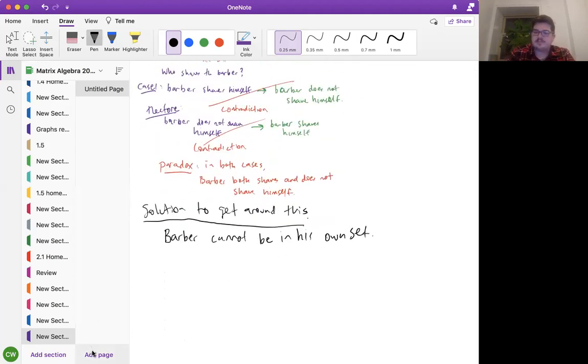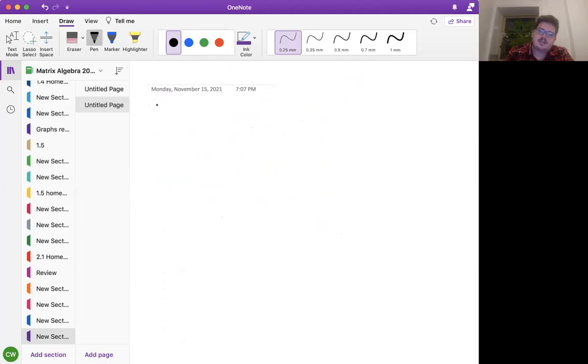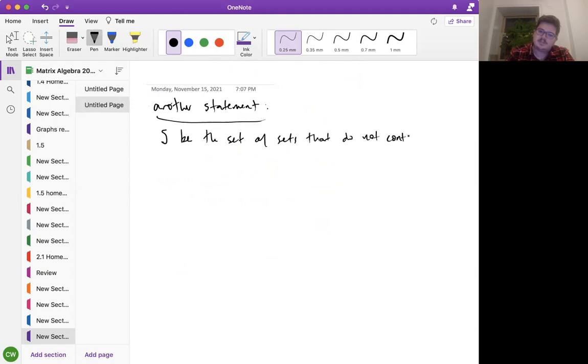So here is another statement of Russell's paradox, a less fun, more mathy statement. Let S be the set of sets that do not contain themselves. Then is S in S?